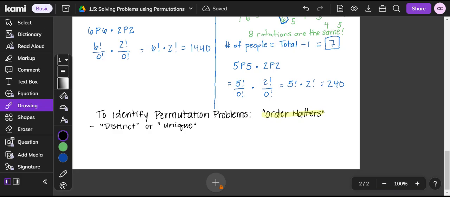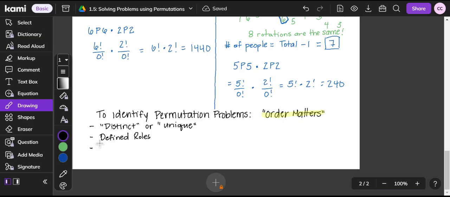So that's the first thing. Next thing, we have defined roles: president, vice president, secretary, treasurer, manager, class leader, whatever. If there are defined roles that we are assigning to people, then that's a permutation.